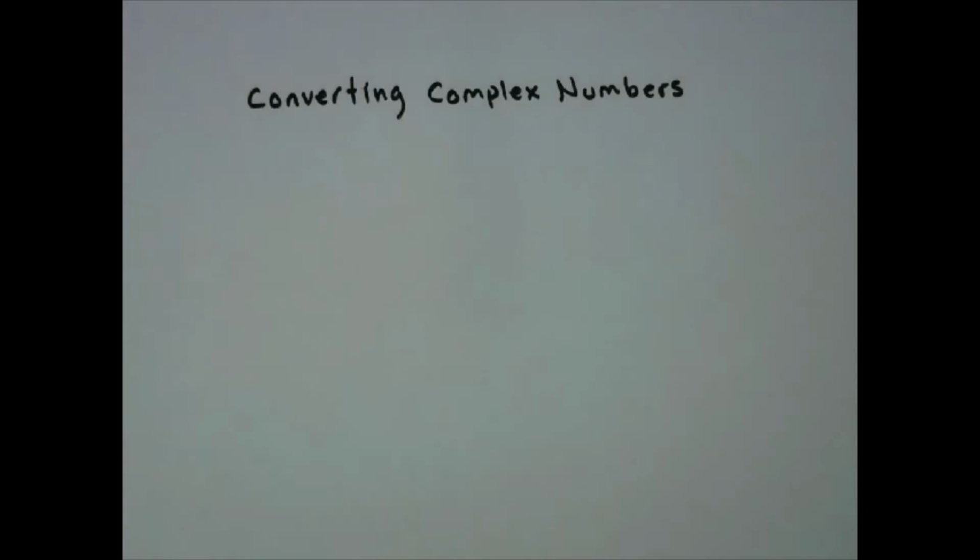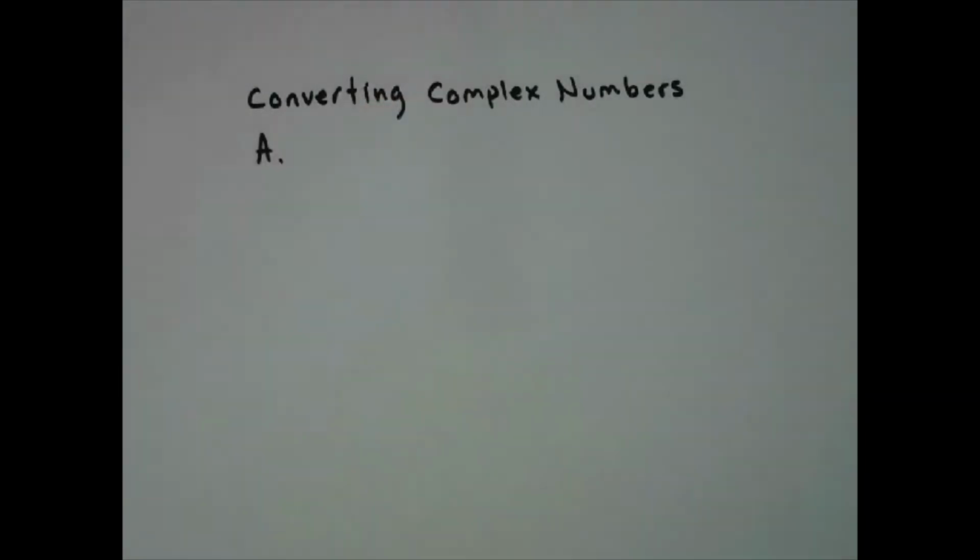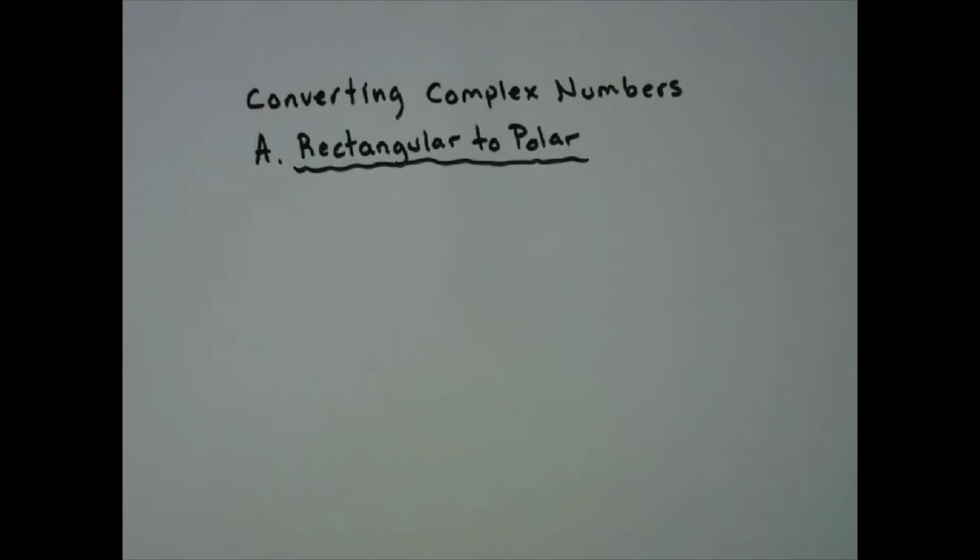Okay, now we're going to convert complex numbers. The good news is this is going to follow exactly what we were doing with rectangular and polar coordinates. It's just representing complex numbers rather than a coordinate. The first direction we're going to go is starting with a rectangular complex number and ending up with a polar complex number.